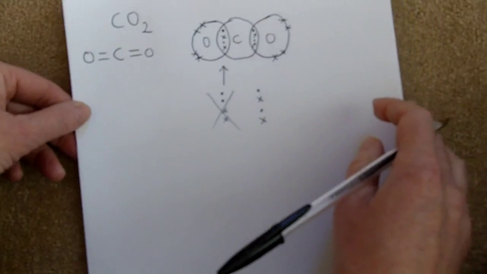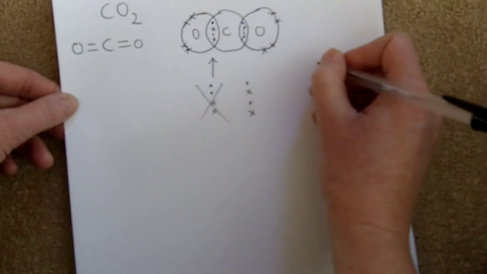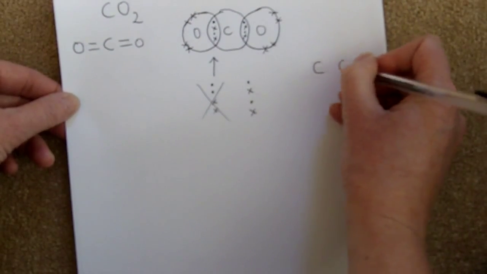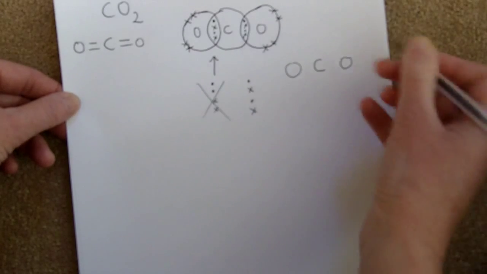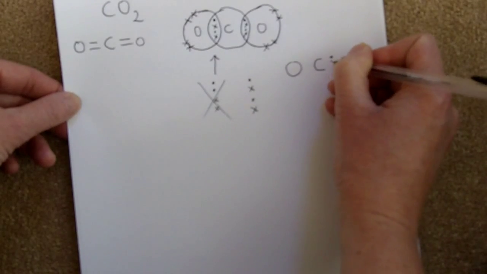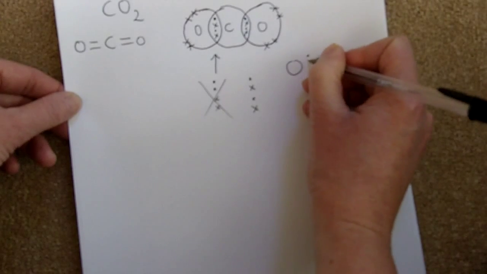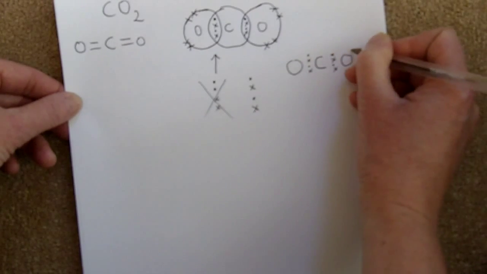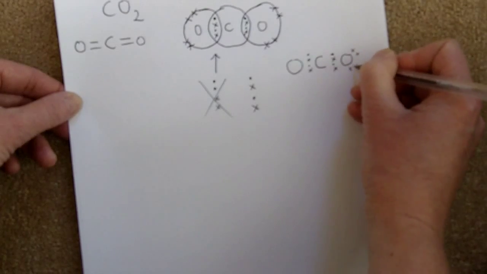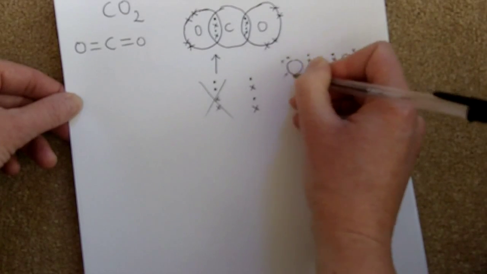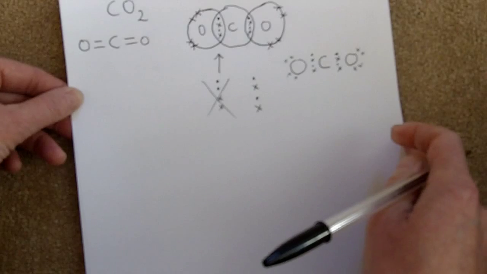If you want to do this without using the circles, you've got to make it very clear, so don't do it too small. You go dot cross between the carbon and the oxygen, dot cross, and then the other oxygen. So you can represent it like that if you want to.